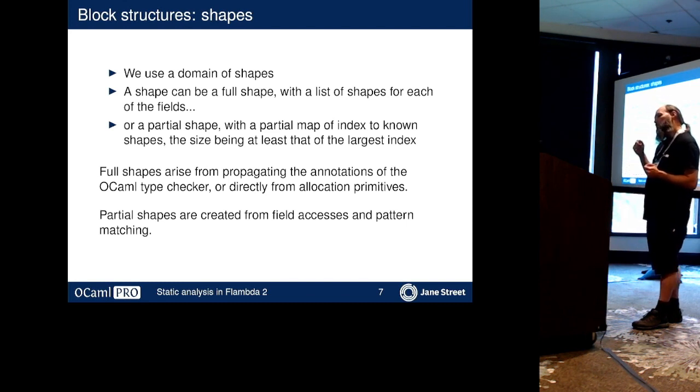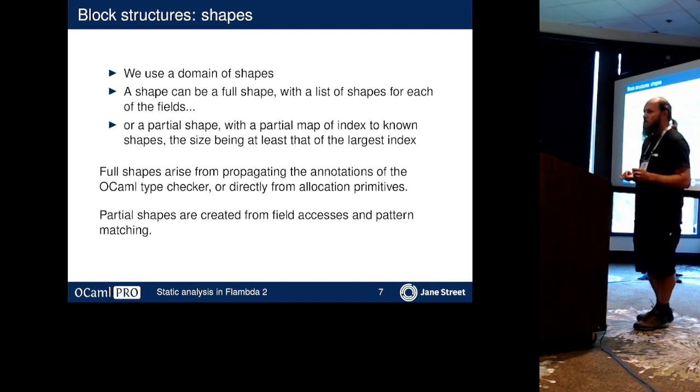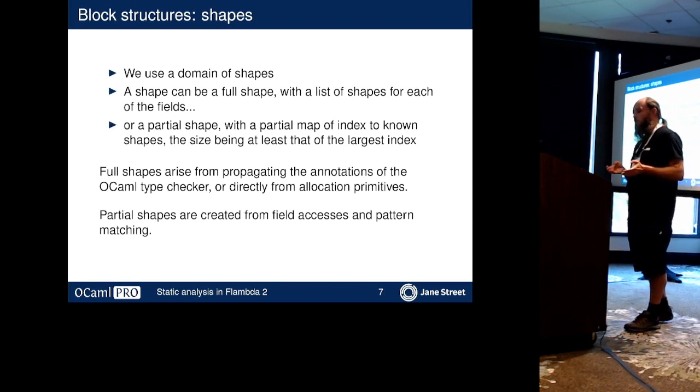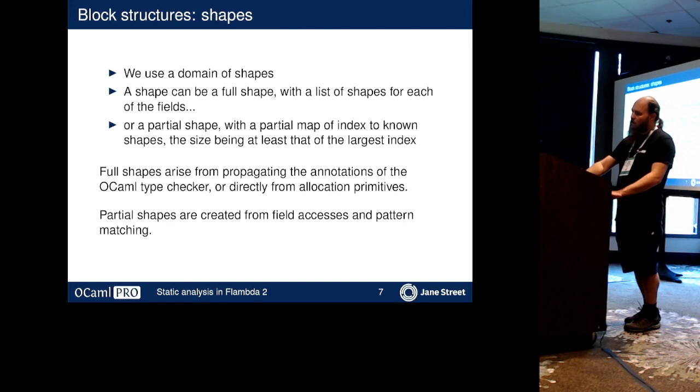But when you do a get field, accessing a field in a block, you only know some partial information just about that field. And the size of the block is bounded by the field, but you don't know much more. And of course, we can do a mix between both.